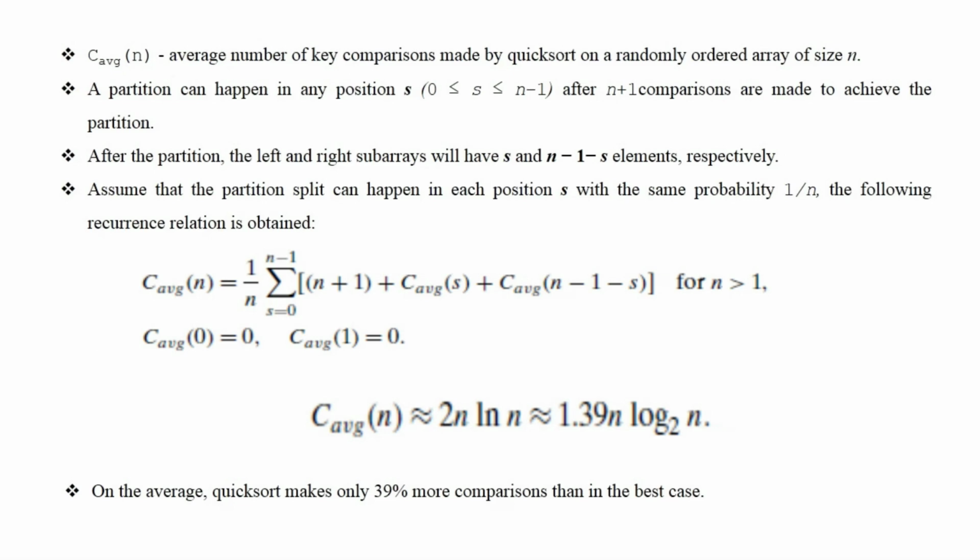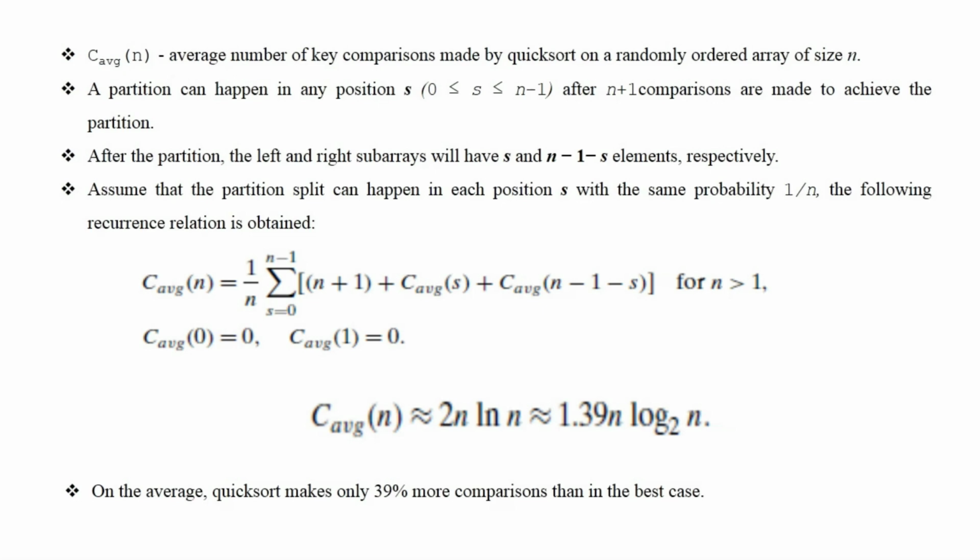For the average case, the number of key comparisons represented as C average of n is in the order of 1.39n log n to the base 2. How did we get this value? So in the average case, that is on a randomly sorted array, a partition can happen in any position S with the same probability.